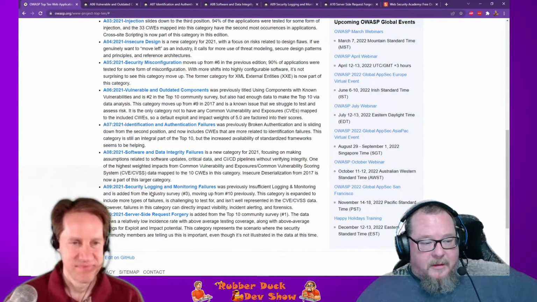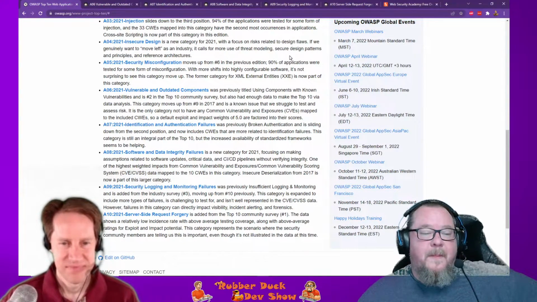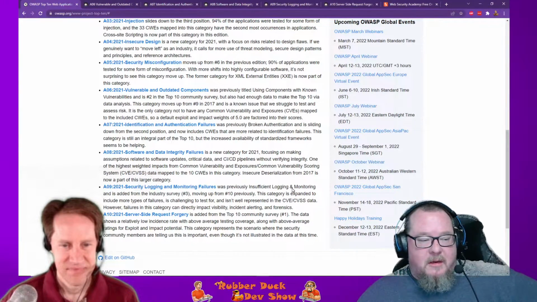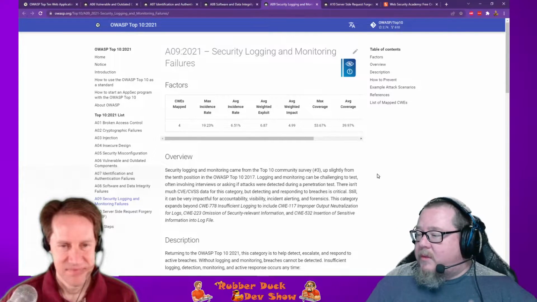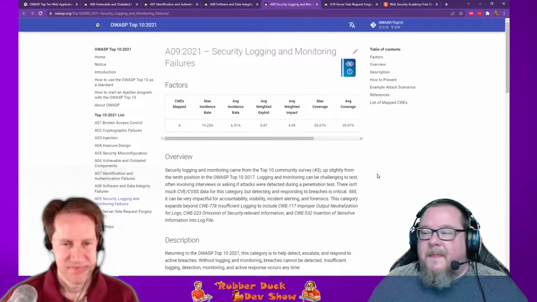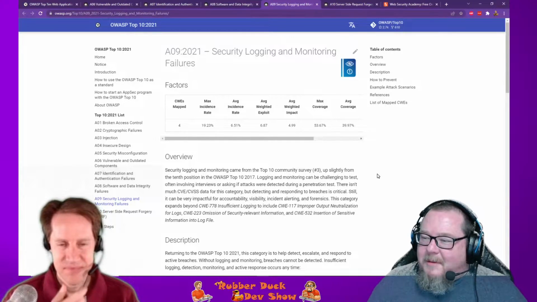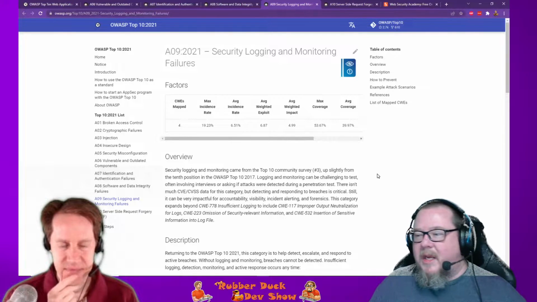So, number 9, security logging and monitoring failures. Previously insufficient logging and monitoring. This one, to me, was just, we're not logging things that need to be logged. We're not monitoring things that need to be monitored. Like, we're not logging important events.